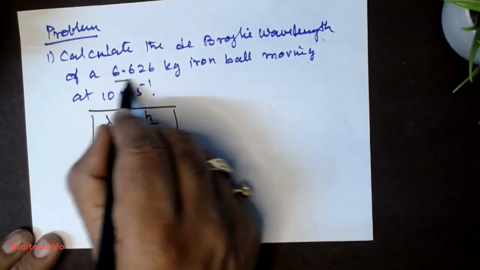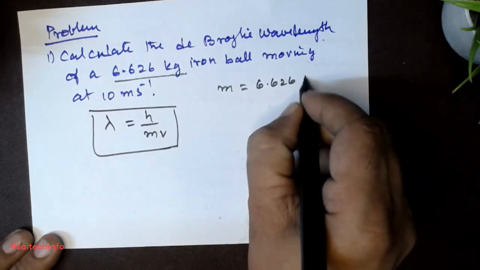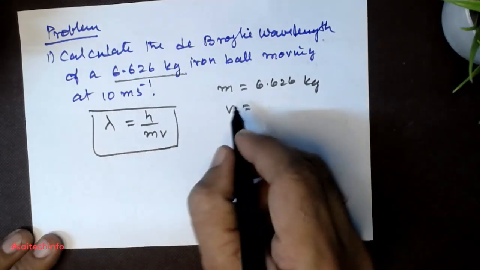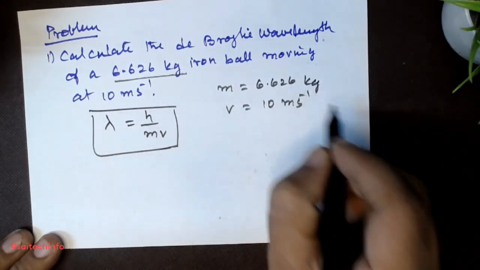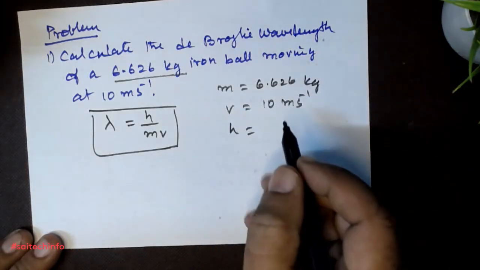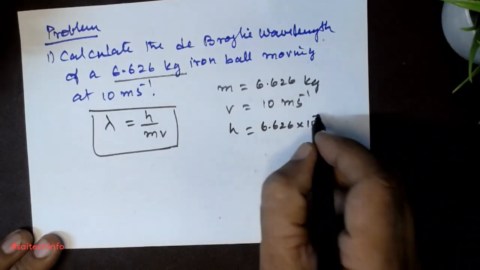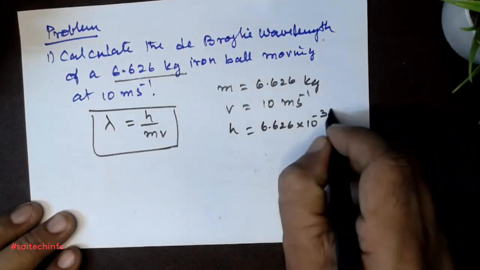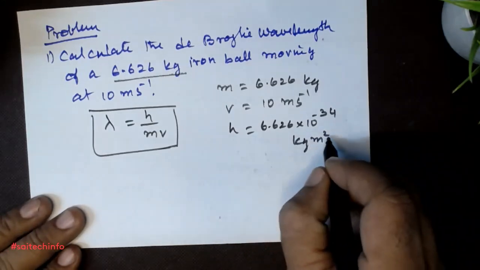Given, m is 6.626 kg and speed, how much? 10 meter per second. Now we know Planck's constant. How much? 6.626 into 10 power minus 34 kg meter square per second.